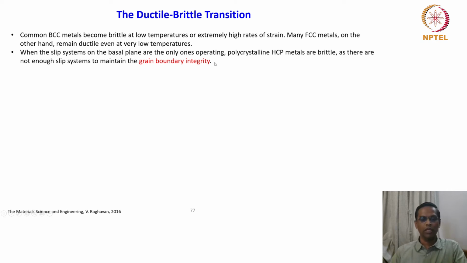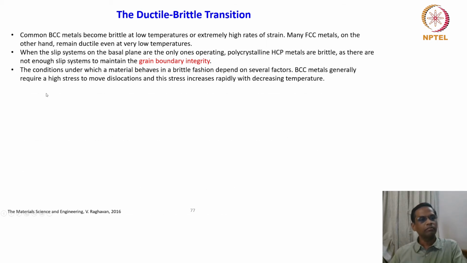This aspect also we understand very clearly. Okay, how the limited number of slip systems will have a problem with grain boundary integrity and so on. We have looked at slip and the deformation mechanisms elaborately. You have a sufficient background to connect all this terminology.